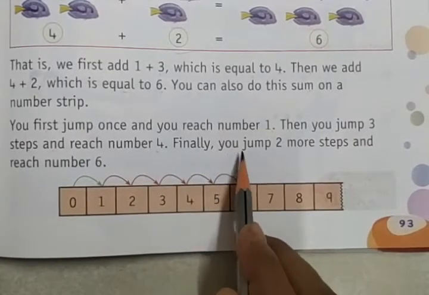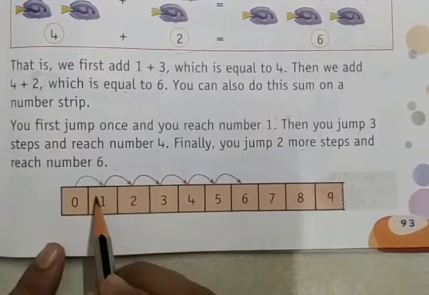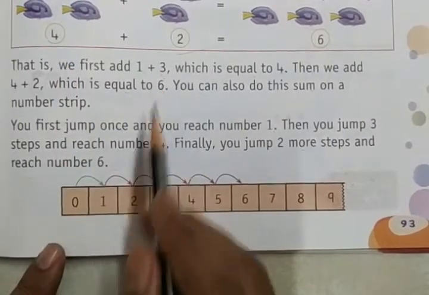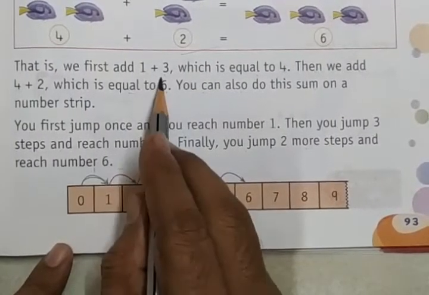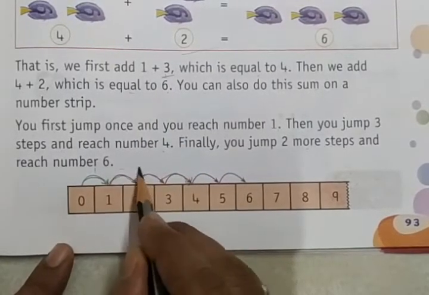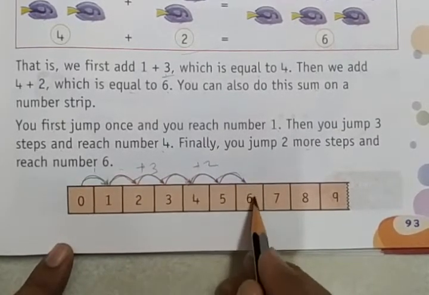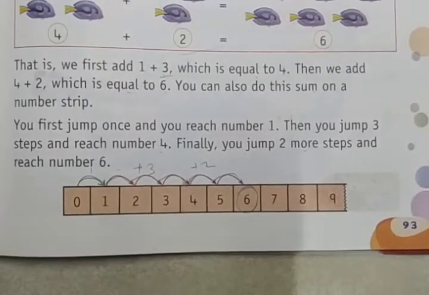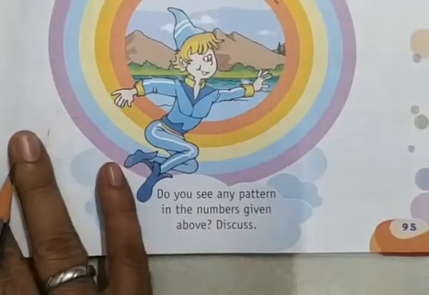Finally you jump 2 more steps and reach 6. Answer is 6. Right? So like this we will add the 3 numbers on the number strip.